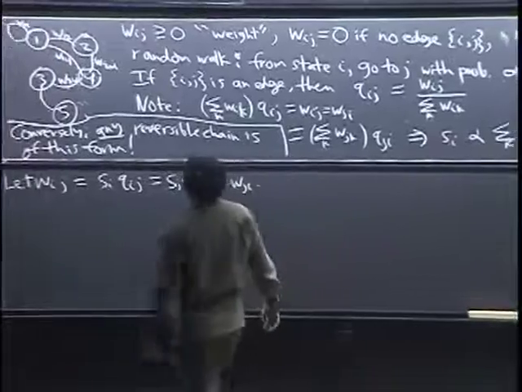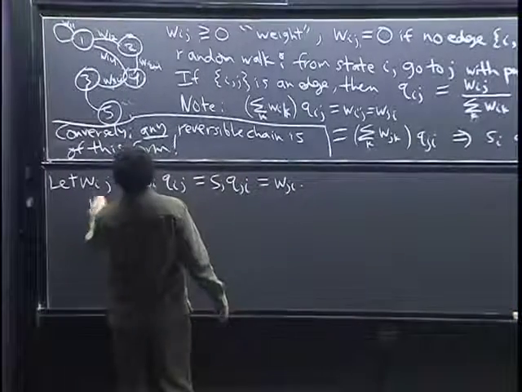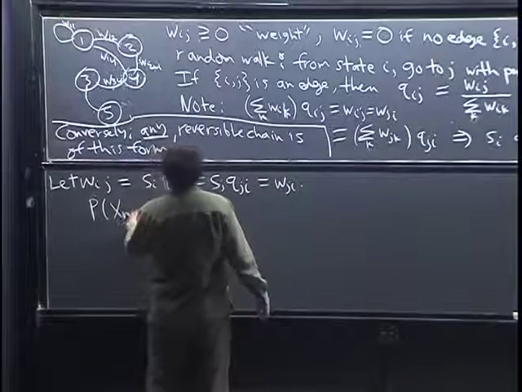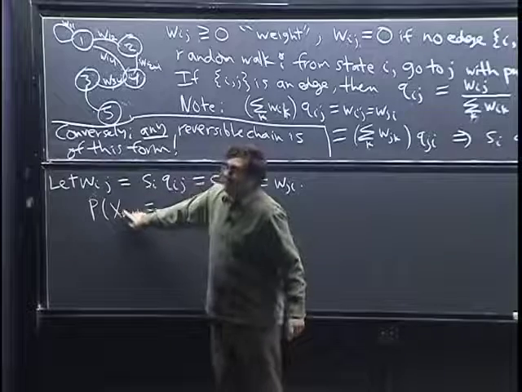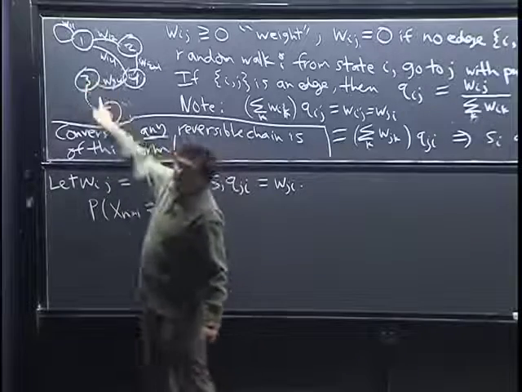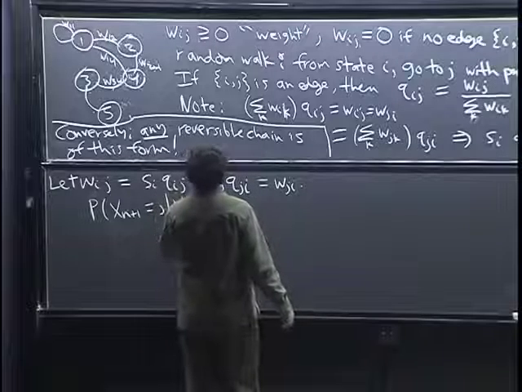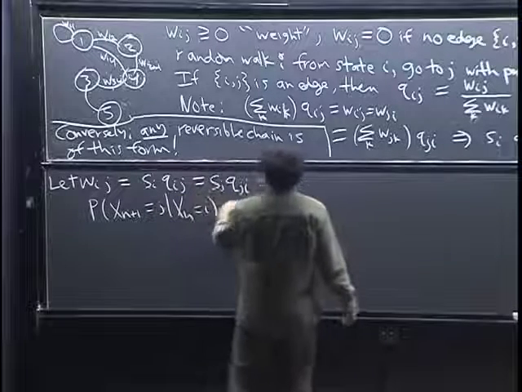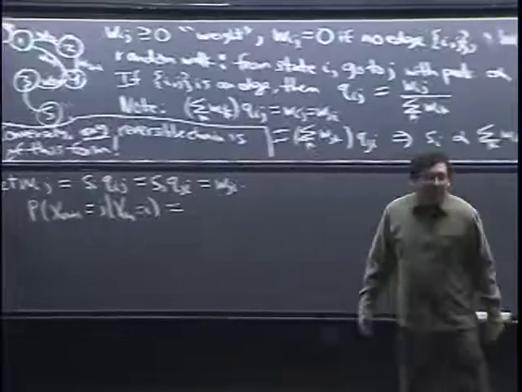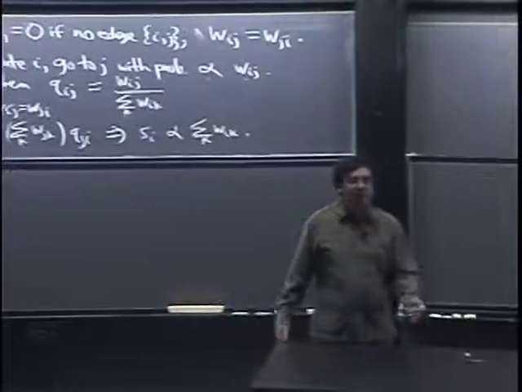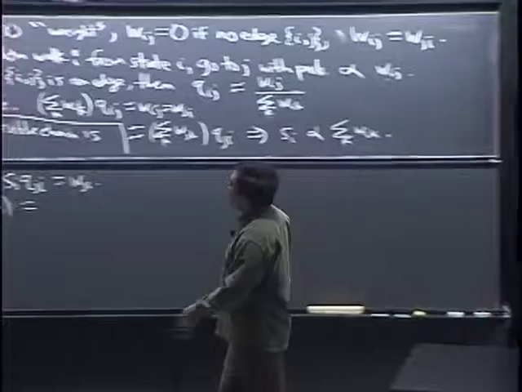So what are the transition probabilities here? I'll write it as: what's the probability that Xn plus 1 equals j given Xn equals i, where X is the random walk on this network? That's the transition probability. By definition, how do we find it?